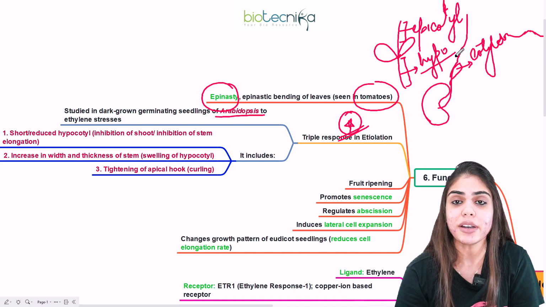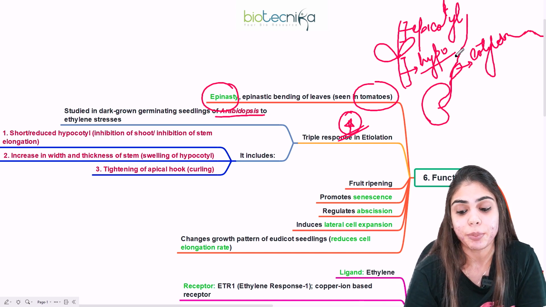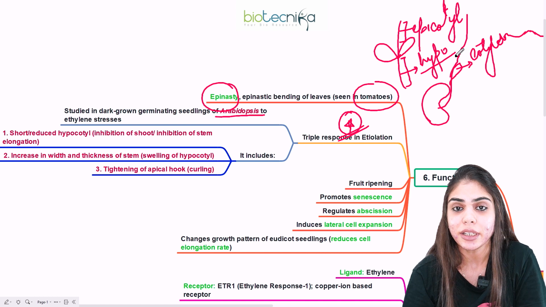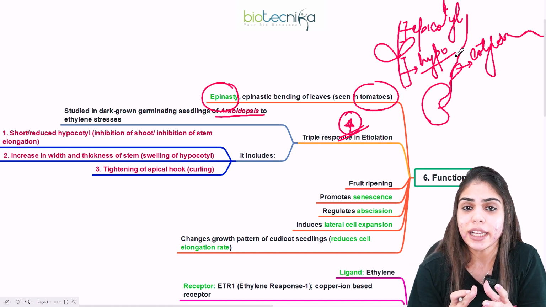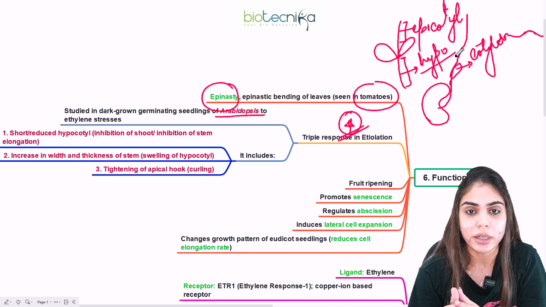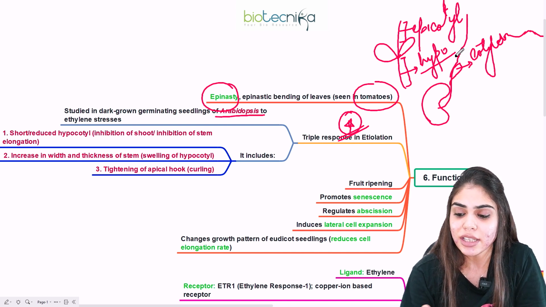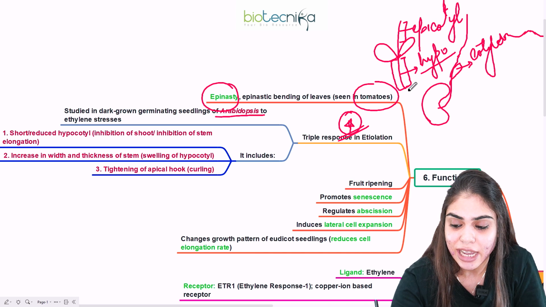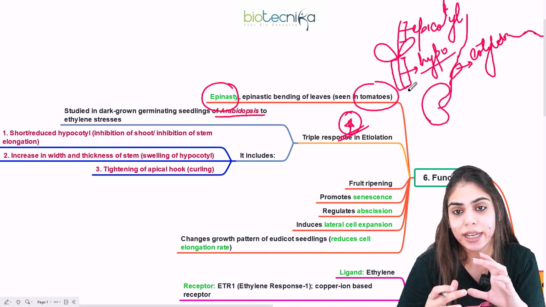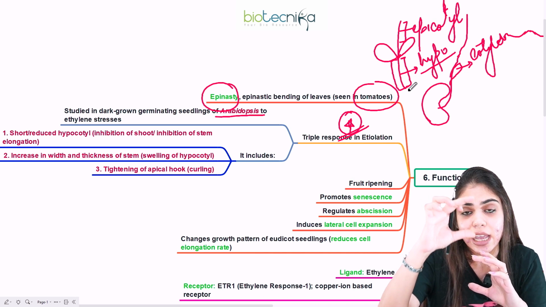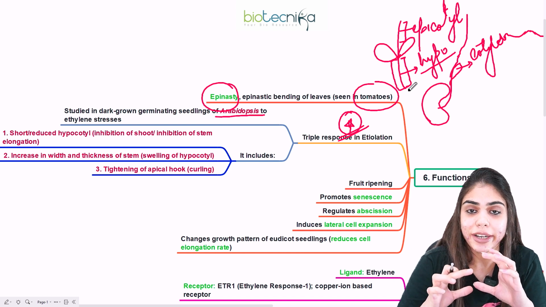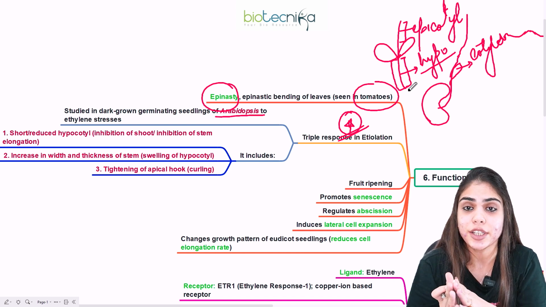So this triple response is seen in the case of the hypocotyl. Naturally, the epicotyl and hypocotyl length will be normal. But if there is a high production of ethylene in plants, it will act on this area, that is the hypocotyl. The hypocotyl and epicotyl, above and below the cotyledon, serve for the elongation of the stem.